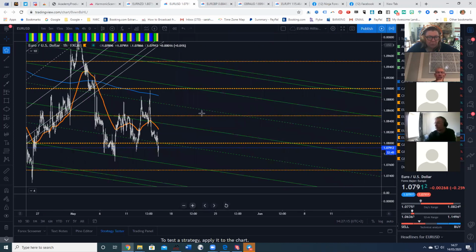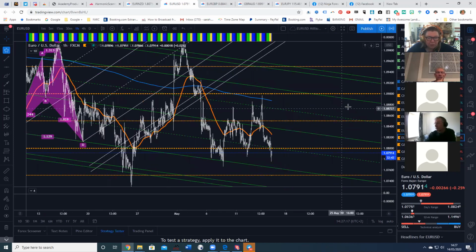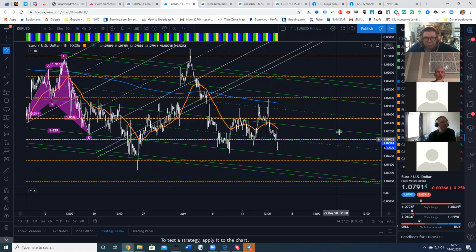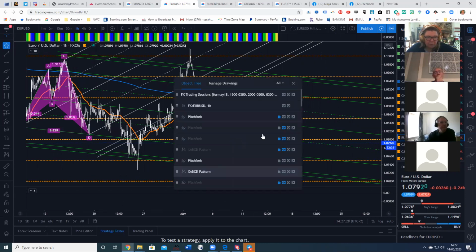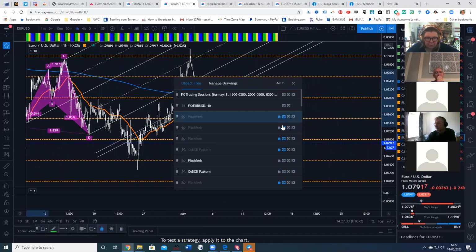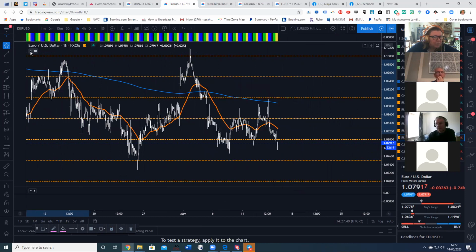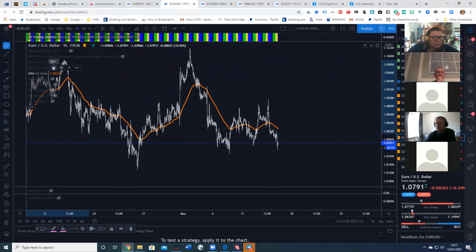And what we're going to do is put it across on our TradingView. So I'm just going to hide some of this and take off my indicators so you've got a better view of it.